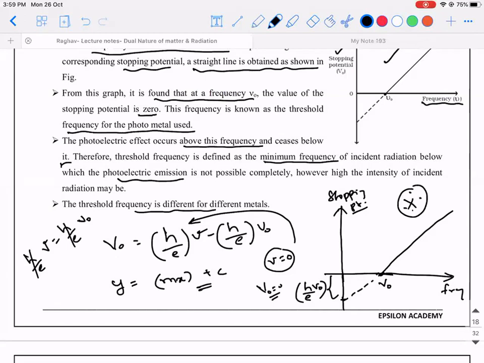So is everyone clear with how you got this graph? Sir, can you explain that graph again, sir? I have applied y is equal to mx plus c. This you understood? Yes, sir. So this is y, this is m, nu is x, c is this thing. What is the meaning of y is equal to mx plus c?